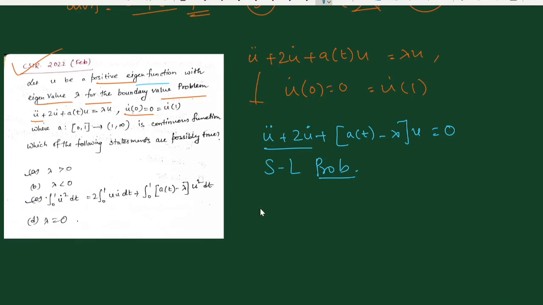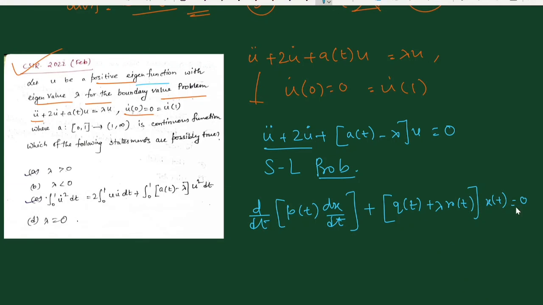The standard Sturm-Liouville problem is like that: d/dt of p(t) into dx/dt, plus q(t) into x, plus lambda r(t) into x(t).